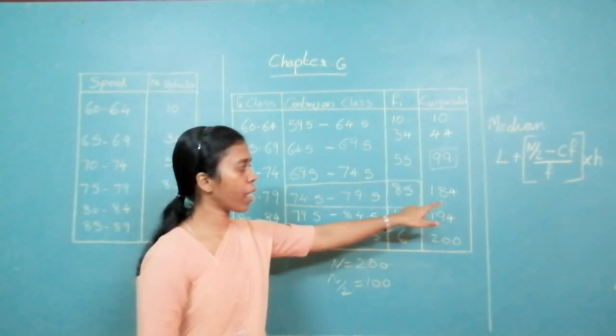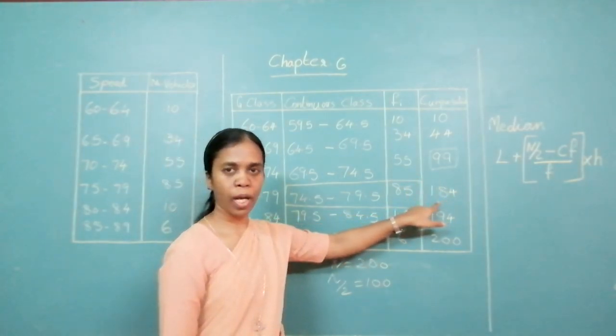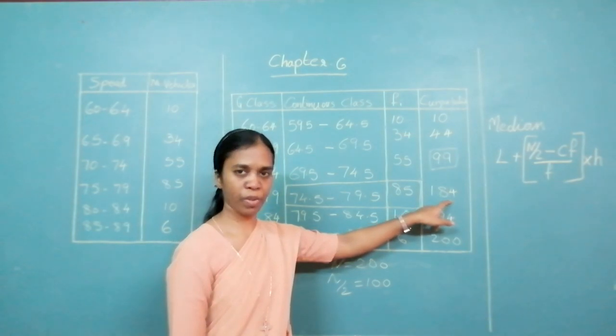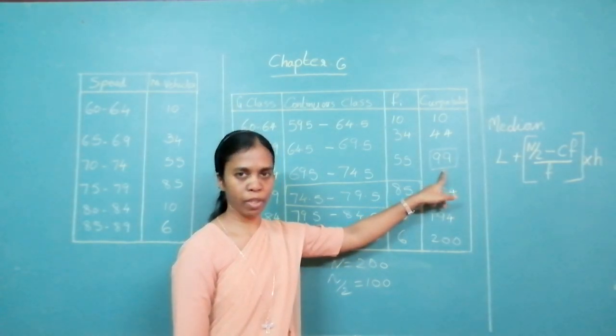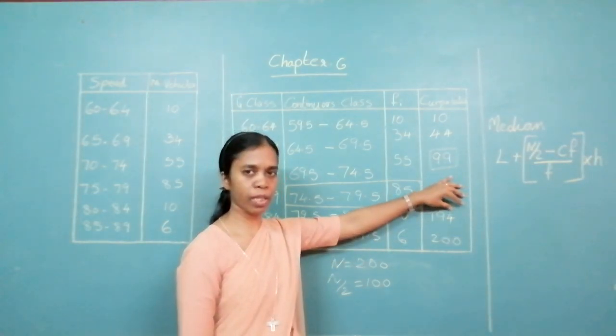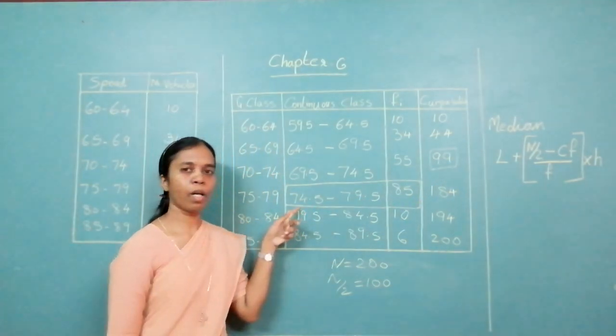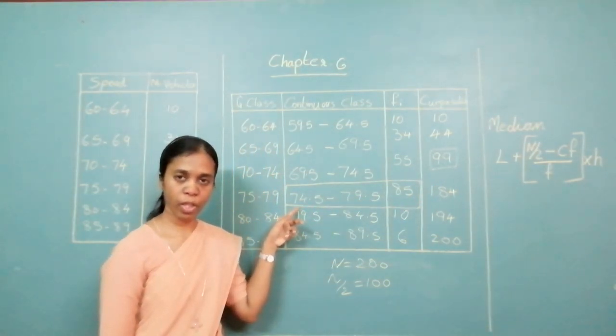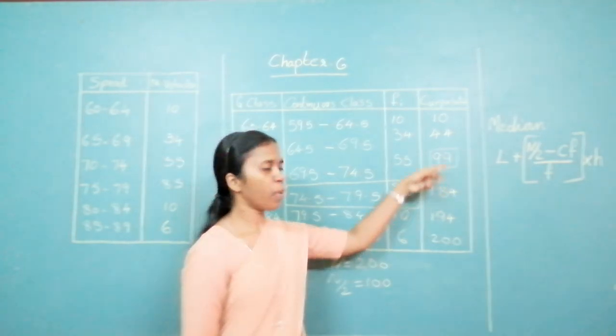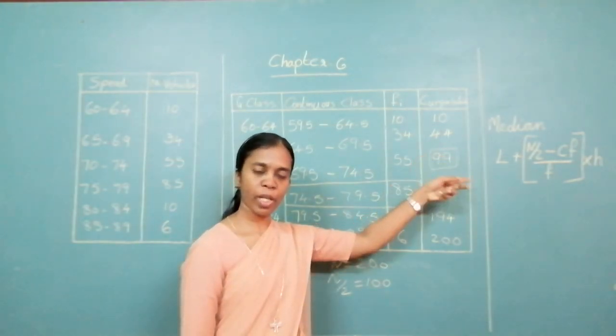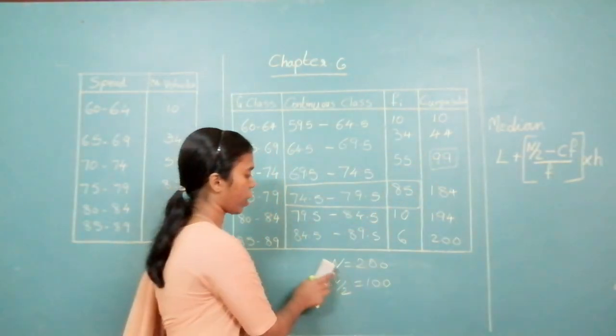Here the score lies in 184, because 100 vehicles come only in 184 vehicles. It cannot come in 99 vehicles. So that is the median class. Now, the one previous to that is the cumulative frequency that we require.